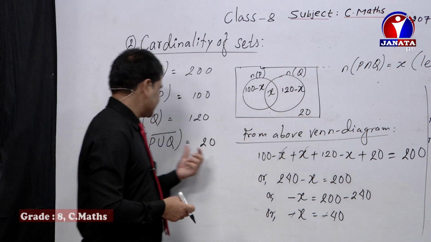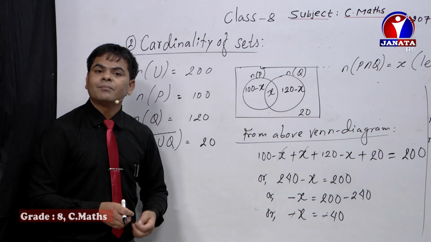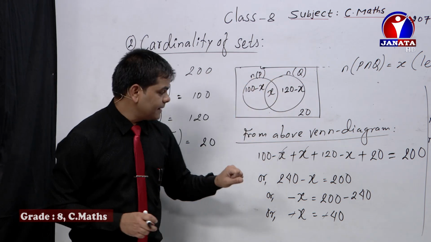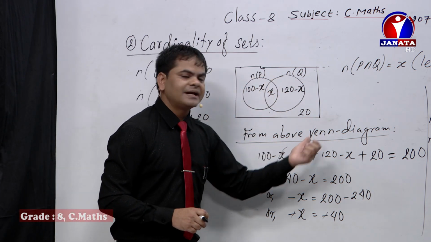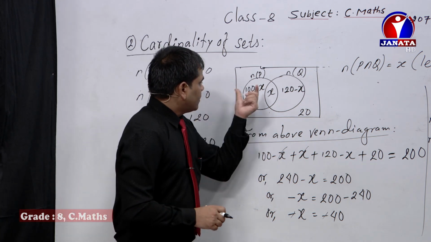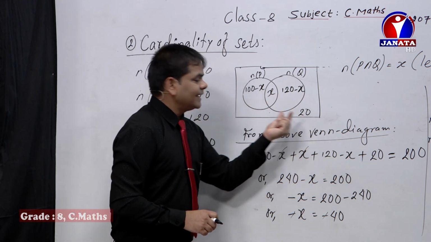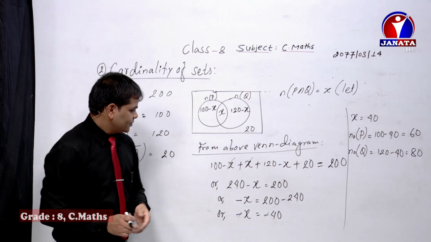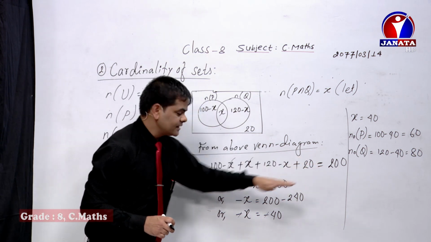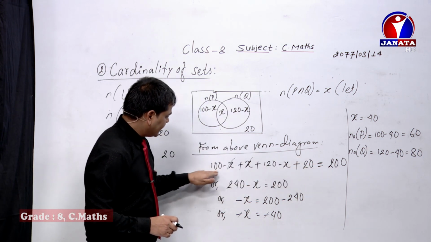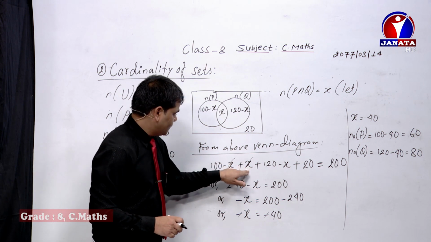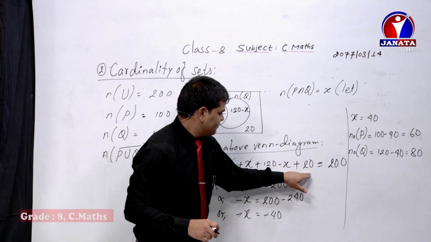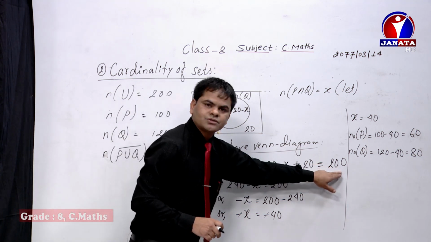Now the complement value is already given in the question, so we keep the complement as 20. And then after keeping the whole information in the Venn diagram, we just write a sentence from the above Venn diagram. Adding all together the values contained in the rectangle, it must be equal to the universal set. So the universal set is given as 200. So P only, P intersection Q, Q only, and (P union Q) complement, by adding all together, must equal 200.